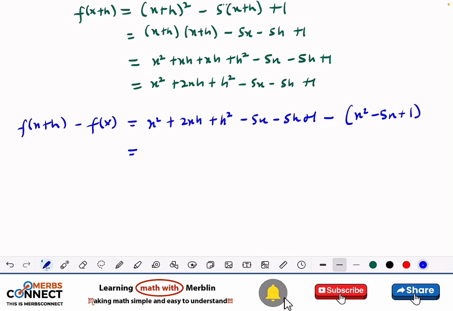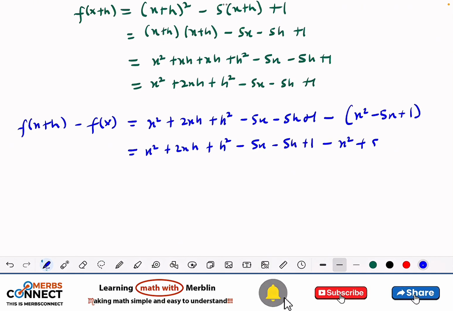Let's do the simplification. X squared plus 2xh plus h squared minus 5x minus 5h plus 1 minus x squared plus 5x minus 1. So minus 1, positive 1, 5x minus 5x, x squared, x squared. So guess what? What is left is 2xh plus h squared minus 5h.